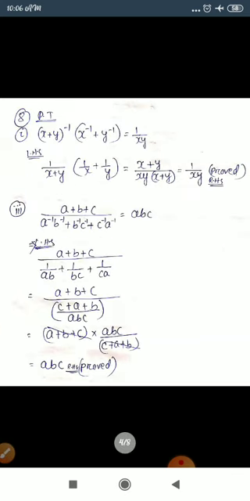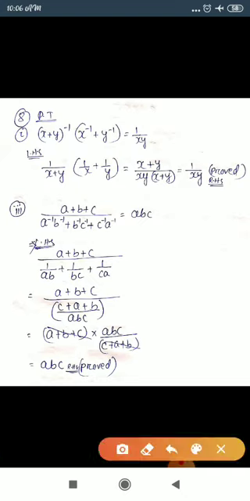Prove that (x plus y) inverse into (x inverse plus y inverse) equal to 1 by xy. (x plus y) inverse means you can write it as 1 by (x plus y) like this, and x inverse you can write it here. You have to convert the negative exponent into positive exponent. So it will be 1 by x and this one will be 1 by y.